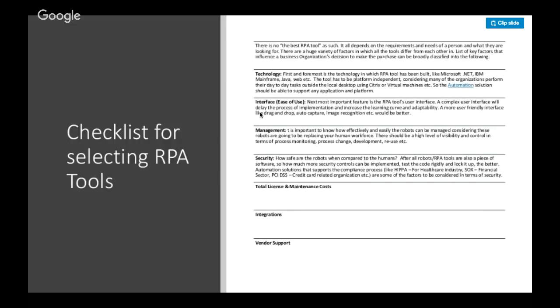Now, the key checklist when you are deciding on an RPA tool. First is the technology. If your servers are running on Windows but your shop is a Mac and Unix heavy shop, then RPA may not make sense, because many of the leading RPA tools run on Windows.